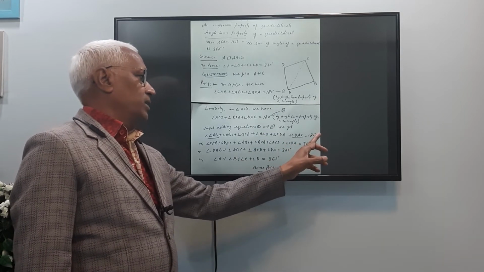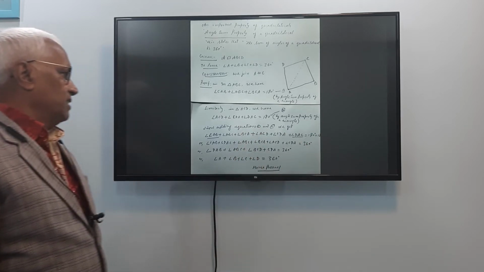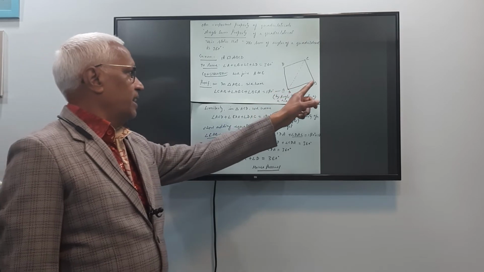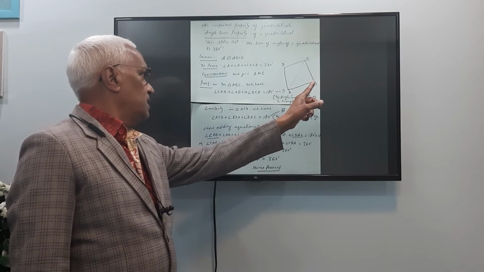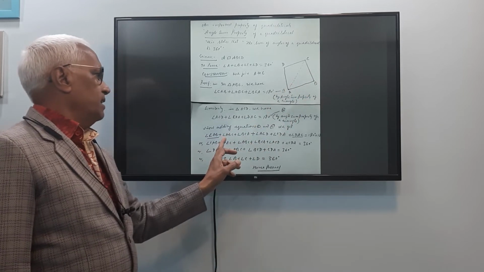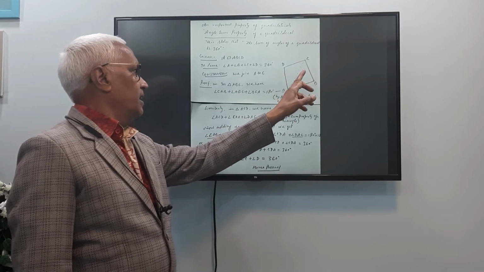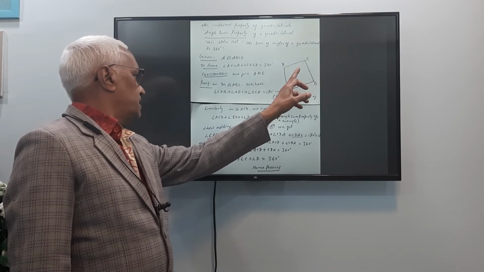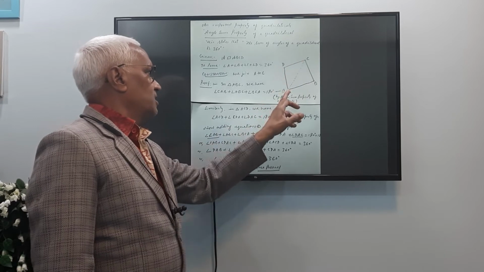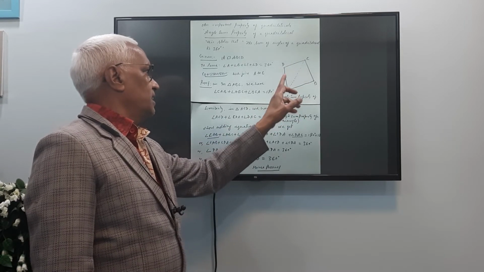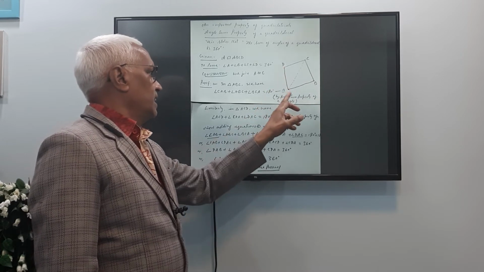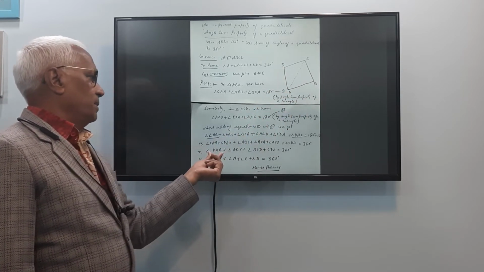This is 180 plus 180 degrees, which gives us 360 degrees. Now angle DAB, just see in the figure: angle CAB, that is this angle, plus angle DAC, that is this angle, is equal to angle BAD, or we can write angle DAB.